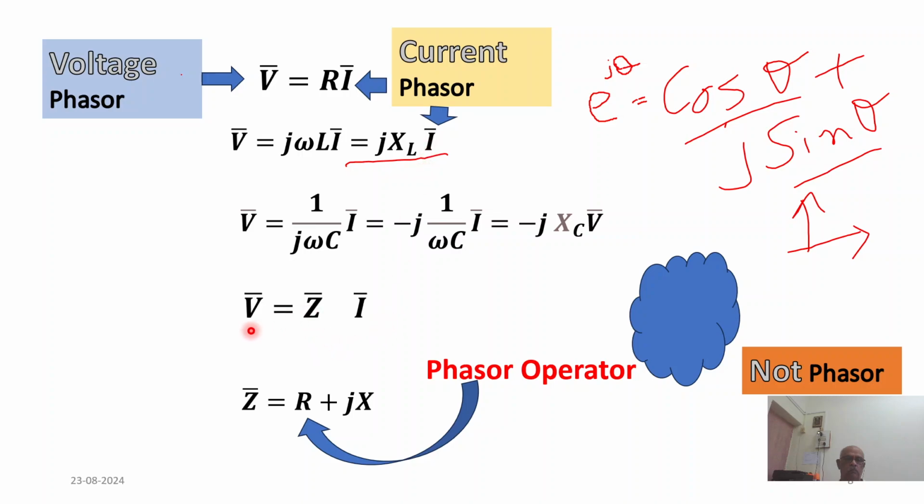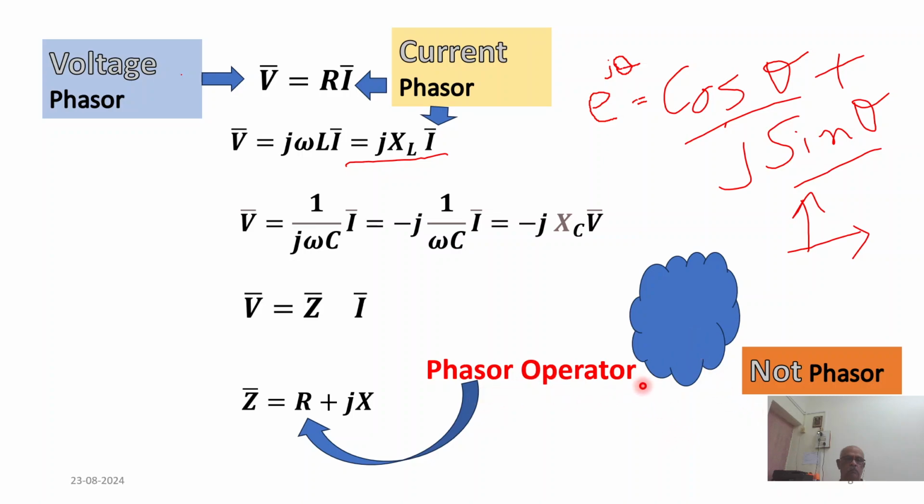Now here I am seeing the voltage, this phasor, is equal to a product of a quantity which is a complex number into this. So isn't it a phasor? It looks like a phasor, but it's not a phasor, right?